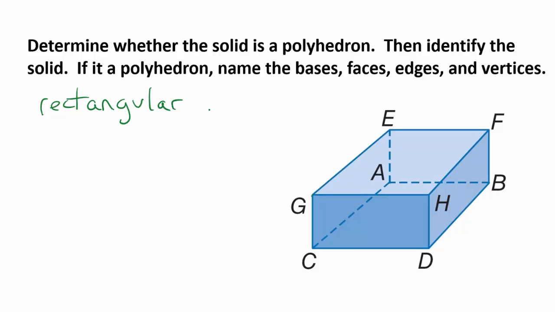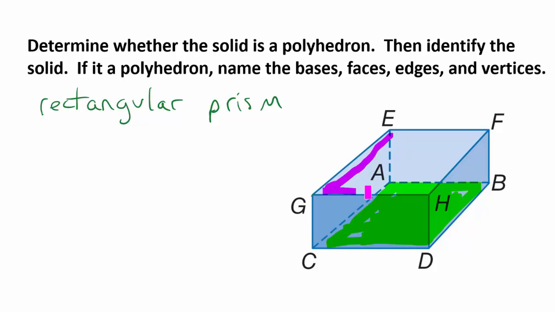Okay, we can see that the bases are both going to be rectangles, and I'm just going to highlight the bottom base here so you can see it. That's our rectangular base. And I'll go ahead and highlight the top one too so you can see the two bases. Both of those are rectangles. It is a prism, so we're going to identify it as a rectangular prism.